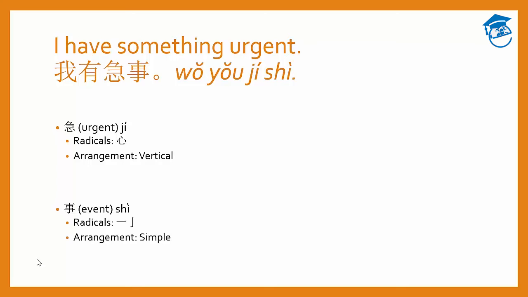So that can be an object, but with a short adjective in front, so you don't need the 的 in between. So to say 我有急事 is to say I have urgent happenings or urgent event. So in another word, it means I have something urgent.